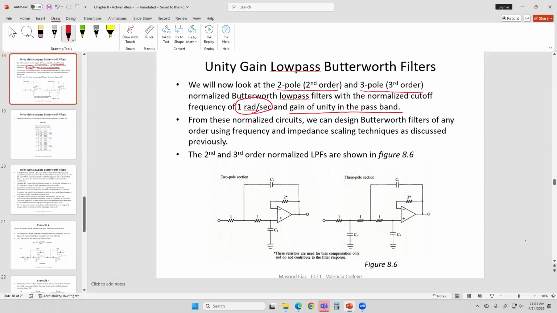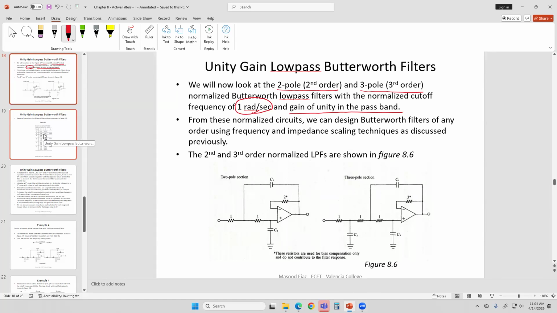Of course, it's going to go down a little bit because the passband is until FC. At FC, the gain is 70.7%. But they're not providing any extra gain in their passband. Okay, so these are the standard designs. Usually they're given to you when I ask you to design.